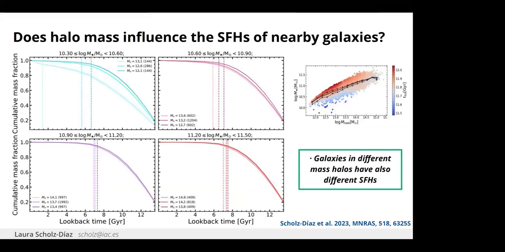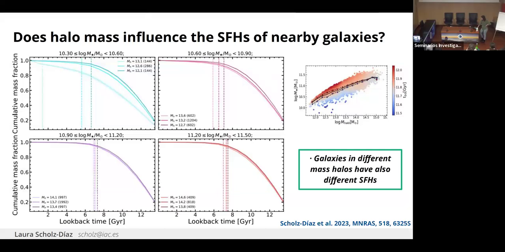The top left panel, you would expect that the more massive the halo the galaxy lives in, the lower the curve, which should mean they should be older, right? Yeah, and they generally are.